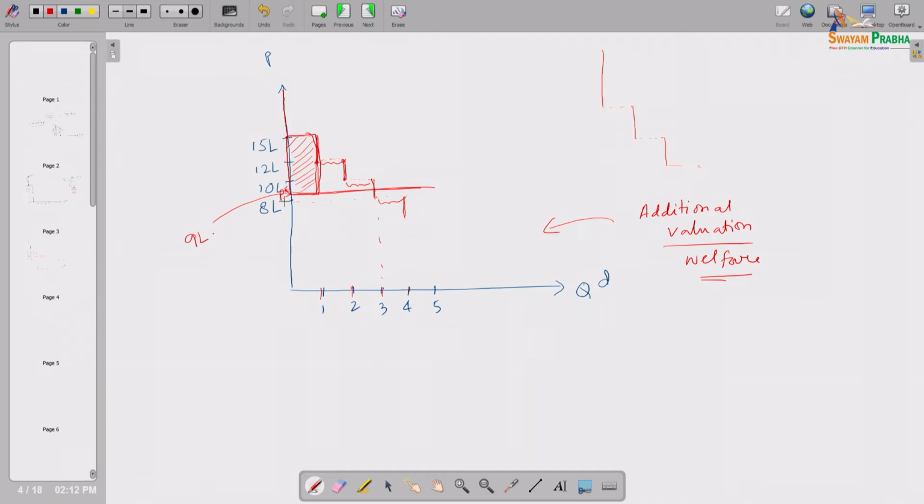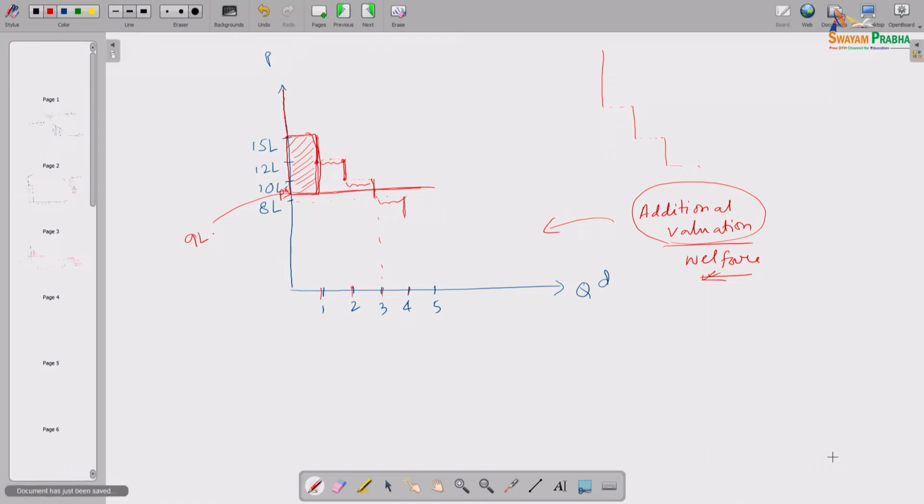You try to understand what additional valuation means. This 15 lakh rupees is the valuation to him, but he is paying only 9 lakh because 9 lakh is the market price. Whatever the gap, he is gaining that much extra, that is why it is called additional valuation, sometimes called welfare also. That person is gaining that much welfare.